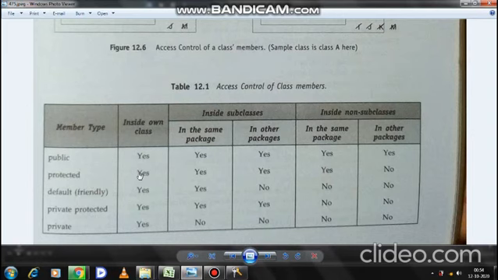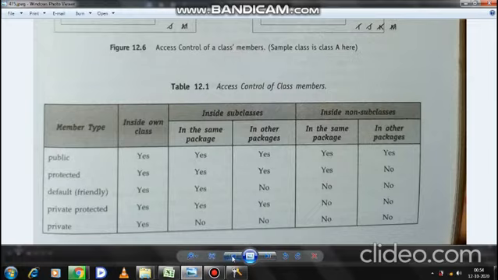Protected is accessible inside a subclass, yes; inside a non-subclass in the same package, yes; but inside a non-subclass in another package, no. But in case of default, it is accessible in the same package, inside a subclass and non-subclass, other things are termed as no.